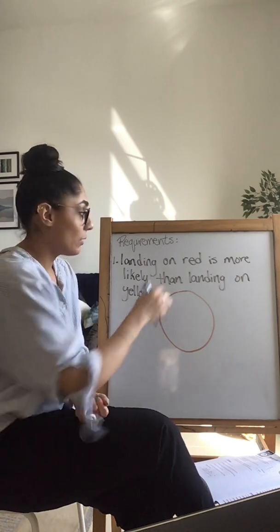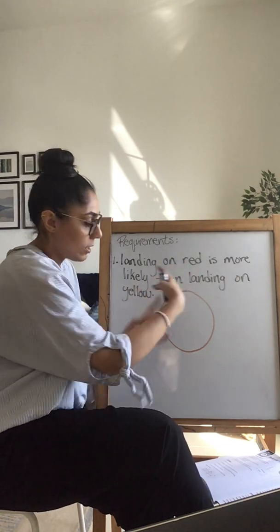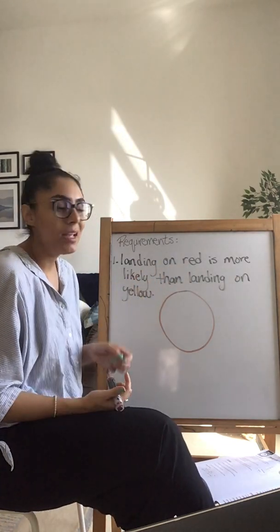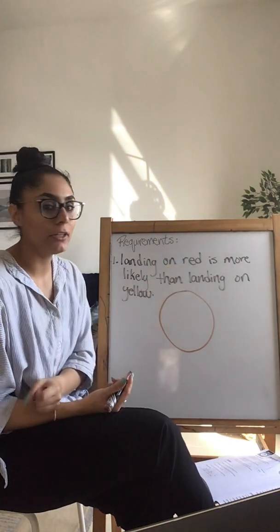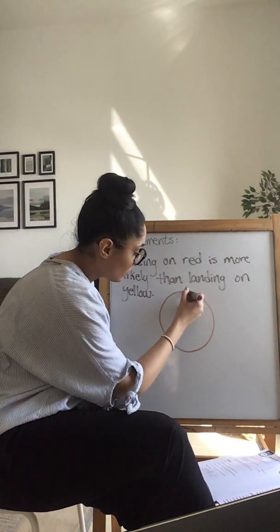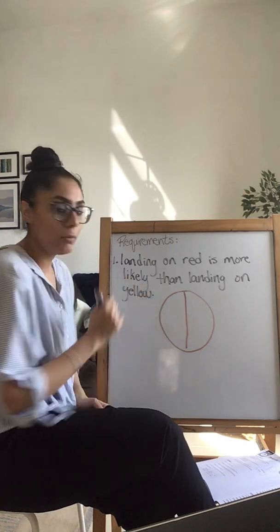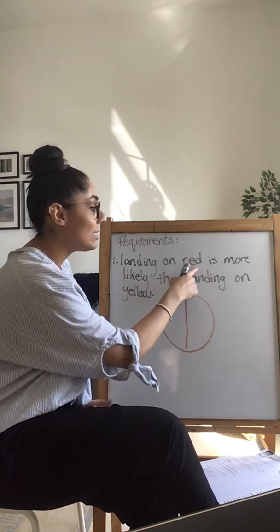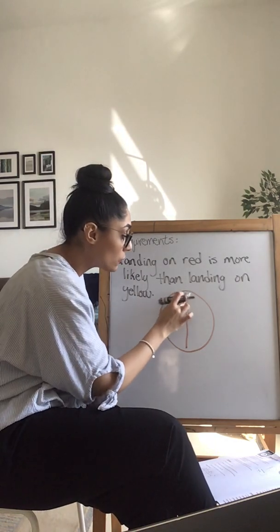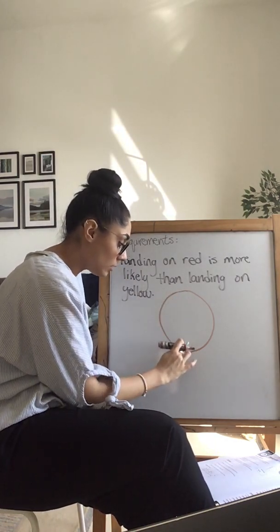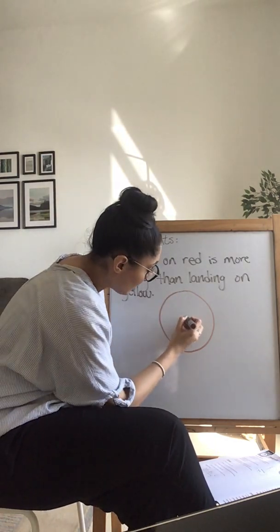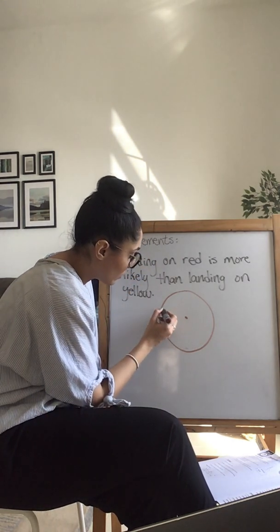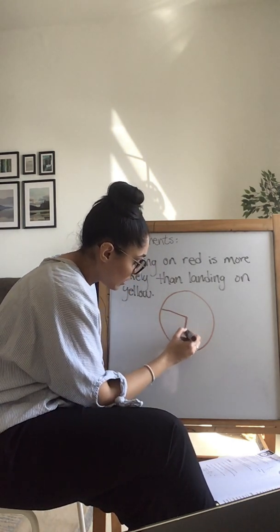Okay, so I only have two colors, so I know that one section has to be red, one has to be yellow. But if red has more likelihood, can I just say like that, red and yellow? No, because that would be equal, right? We want red section to be larger, so our spinner has to look something like, and maybe I might have something like that.